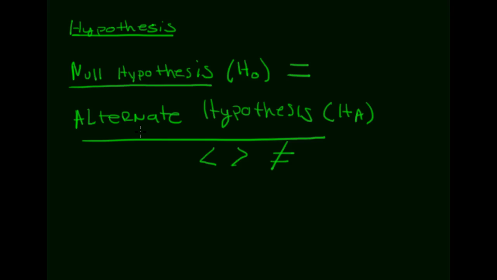So our goal today is to be able to take claims that are in the English language and write them as hypotheses. So the first claim that we're going to have here, well, let me get a new screen so I can write out something.